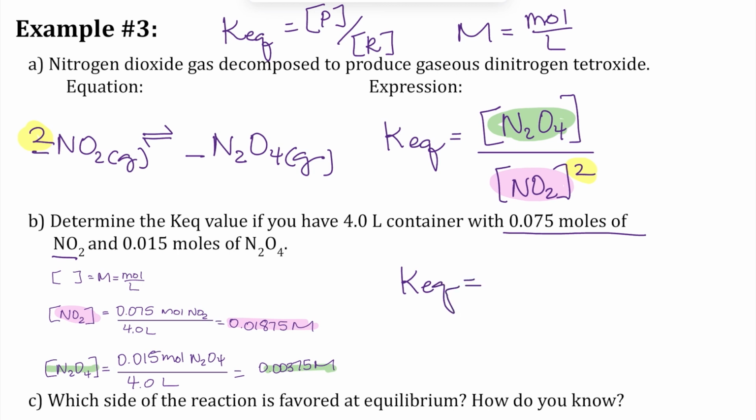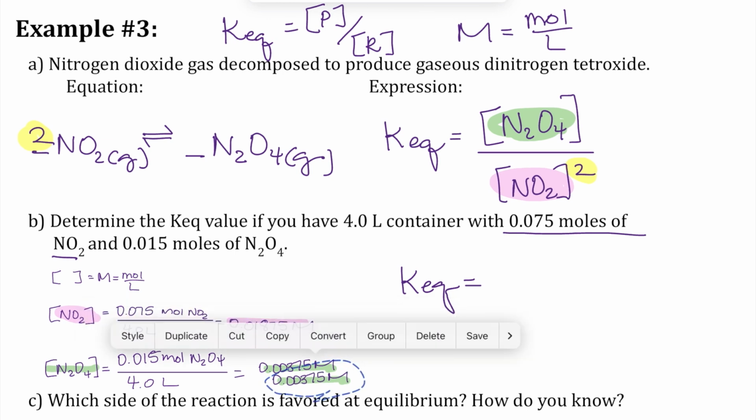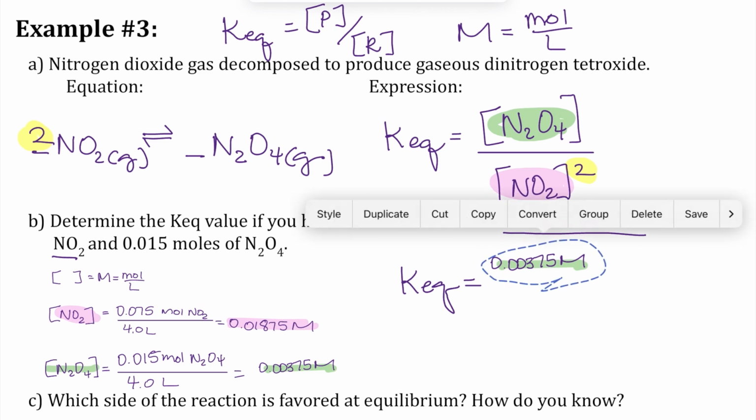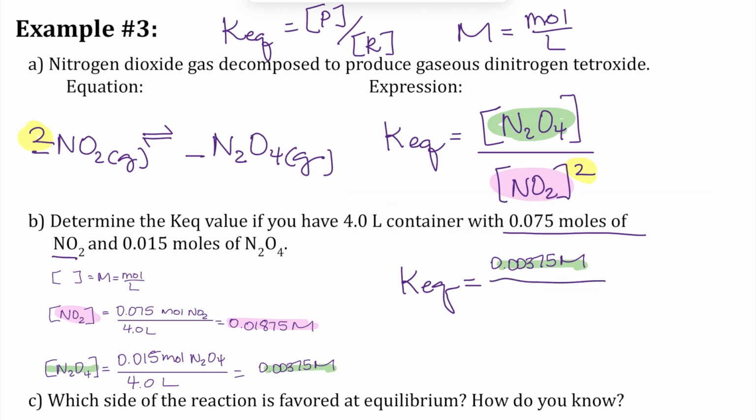So that KEQ, we're going to have the concentration of that 0.00375 divided by the concentration of our NO2, and then that one though does get squared.